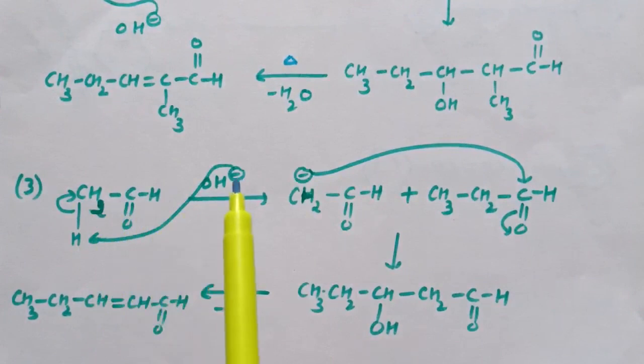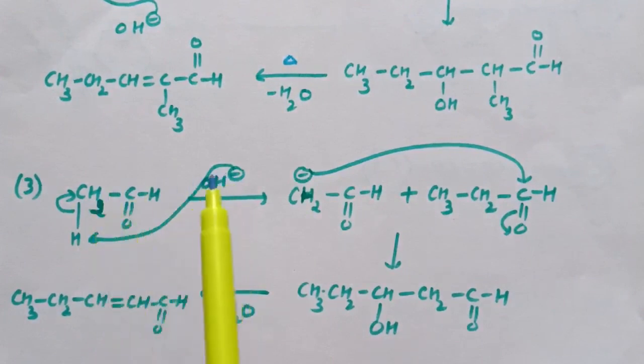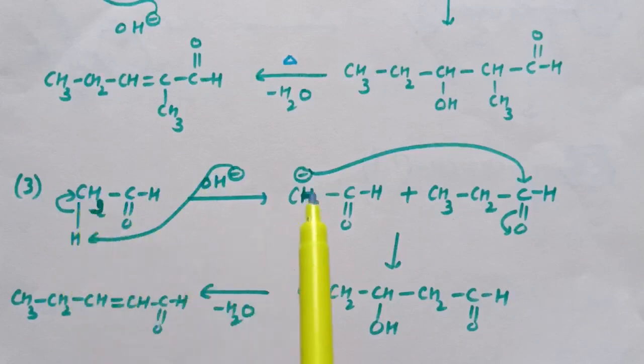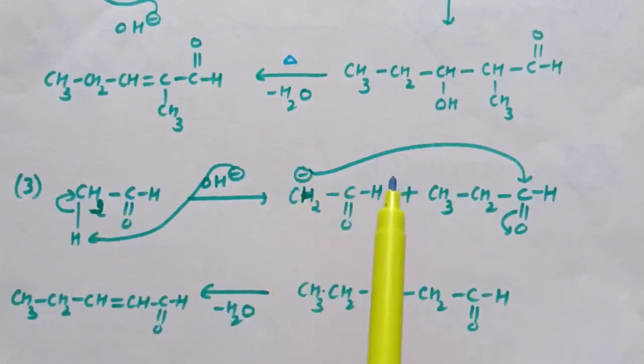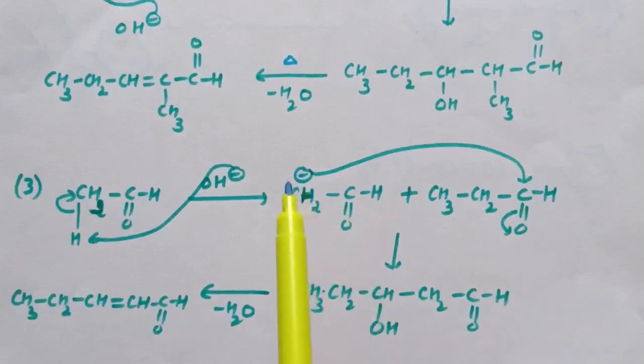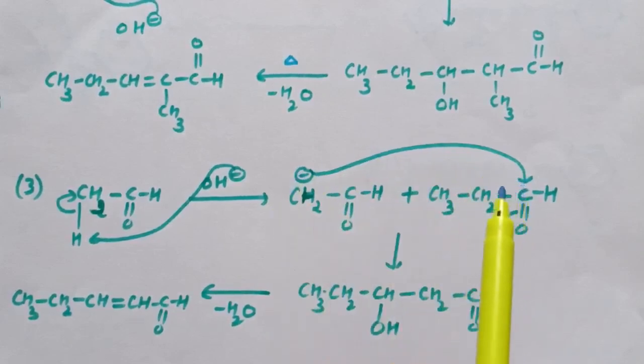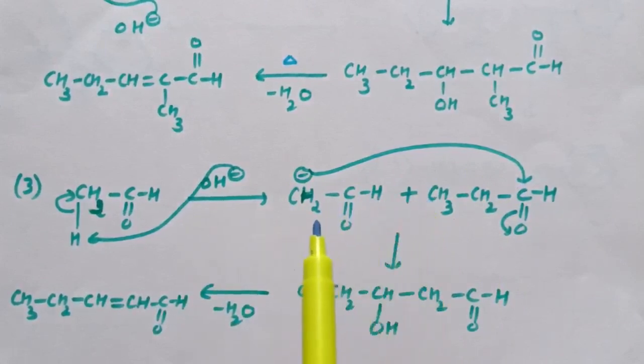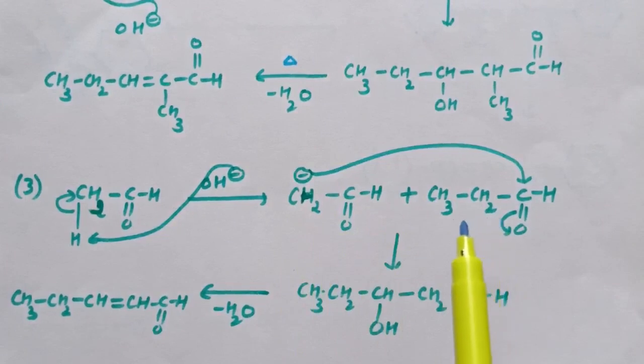Now here in presence of base, this alpha hydrogen is abstracted from this alpha carbon, resulting in the formation of the enolate ion. Now this negative charge attacks the carbonyl carbon of propanal. Here cross-aldol condensation is taking place, that is, the reaction between two different aldehydes or two different ketones.